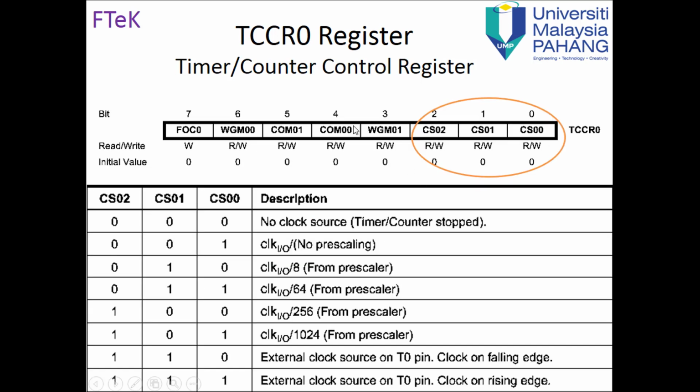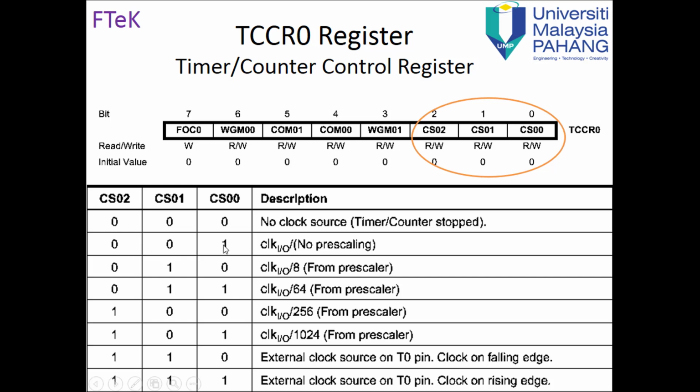The other register for timer 0 is TCCR0, the timer counter control register. The first 3 bits in this register are for the prescaling. If we put 000, that means no clock source, so the counter is stopped.